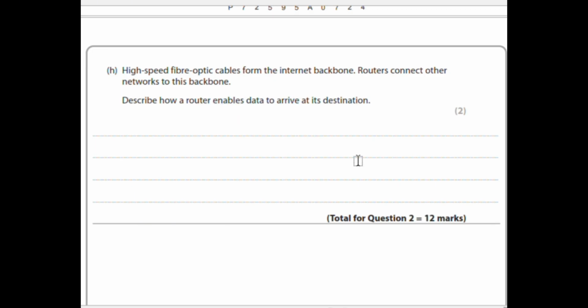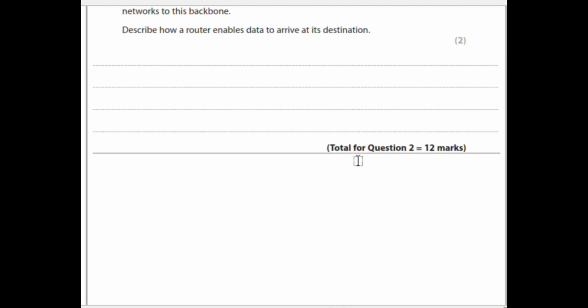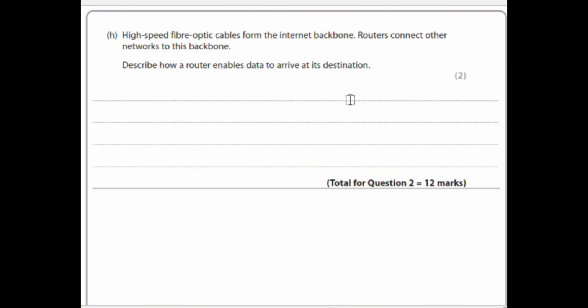So the router will read the destination IP address and try to route or to pass the data to that address or to that location.